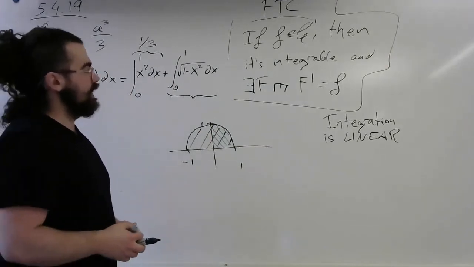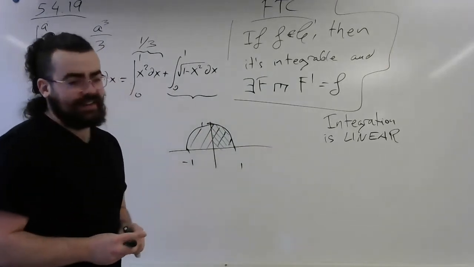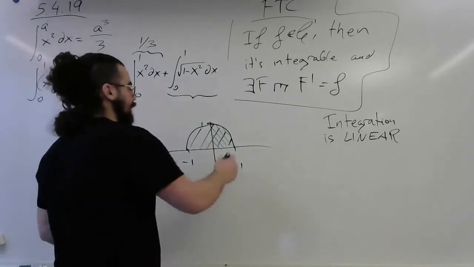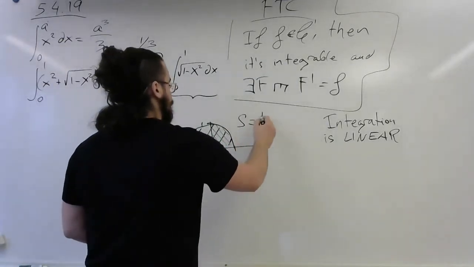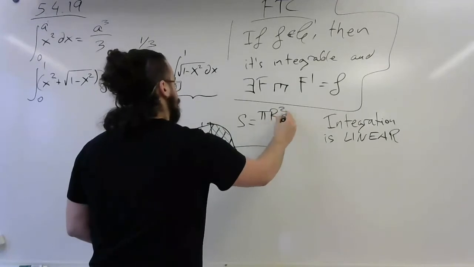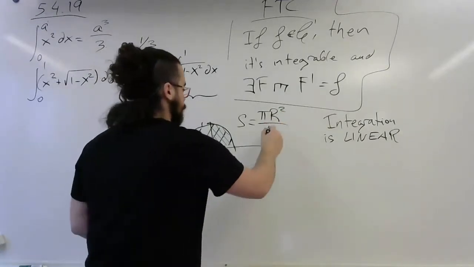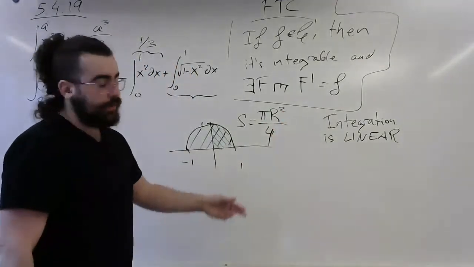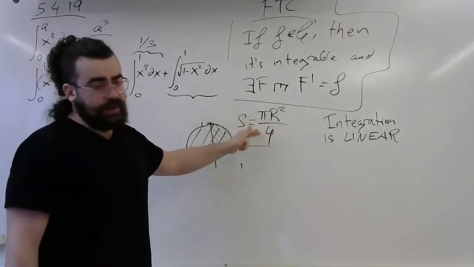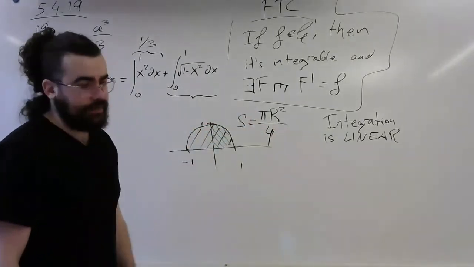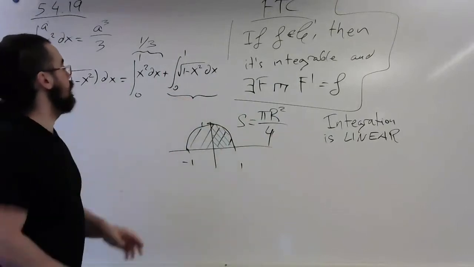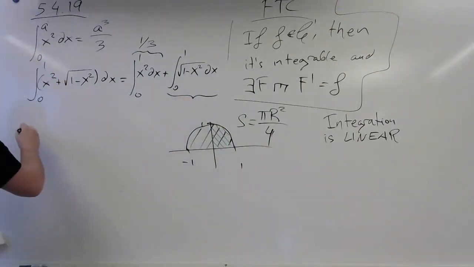Okay, now what's the equation for the area of a quarter circle? The area of a quarter circle is pi r squared over 4. Why? The area of the full circle divided by 4, because it's only a fourth part. So this, I'm gonna write it down in English.